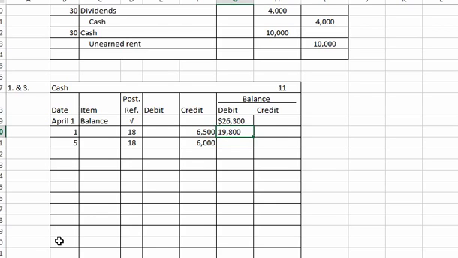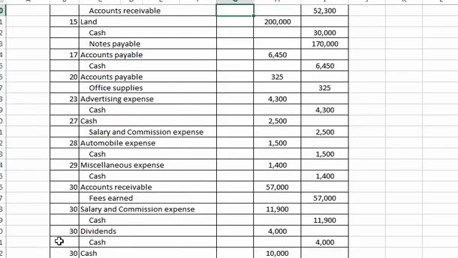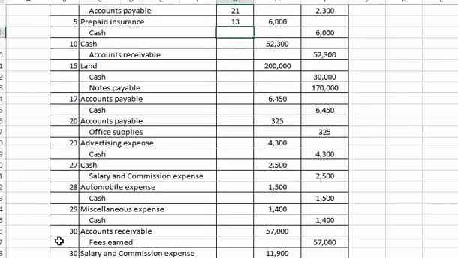We have a debit balance for $19,800, credit entry for $6,000. So we're going to subtract. That makes the new debit balance $13,800. Cash is account number 11. So 11 goes back in the posting reference column of the journal.